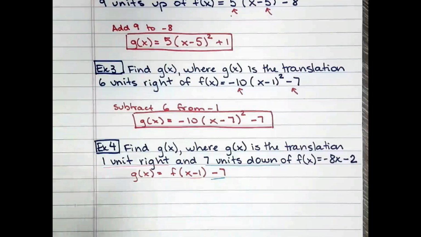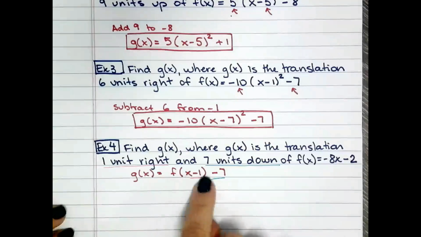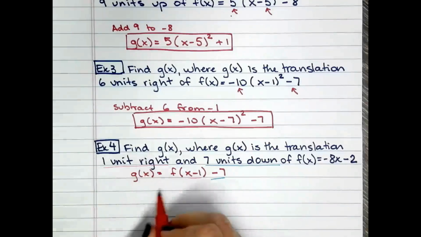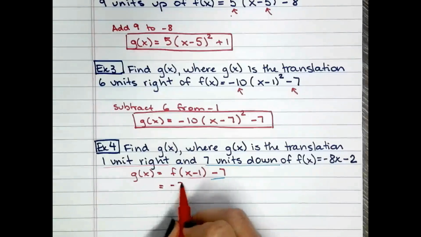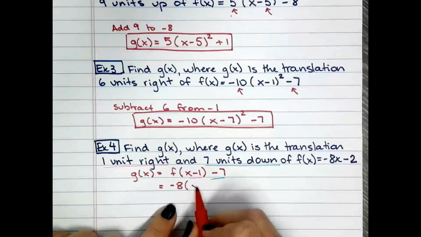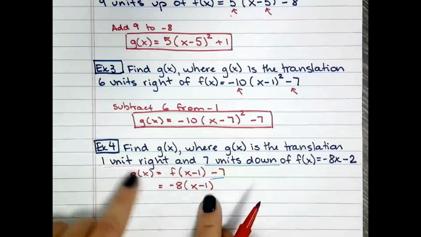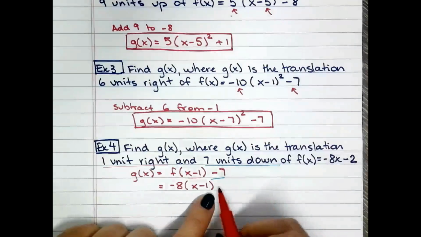So now I'll go ahead and use this function because right now it's just my notation. So here I go. My function is negative 8. Now x is x minus 1 because I'm translating right. And then minus 2.